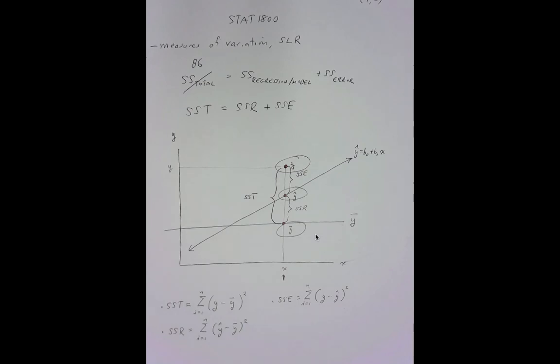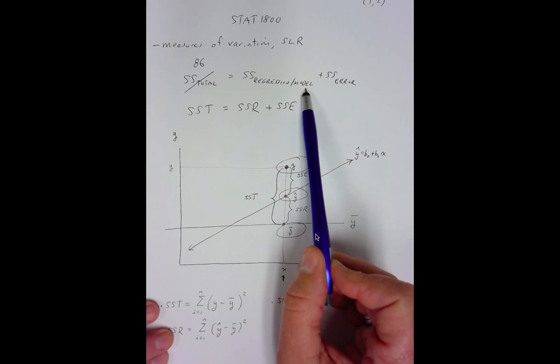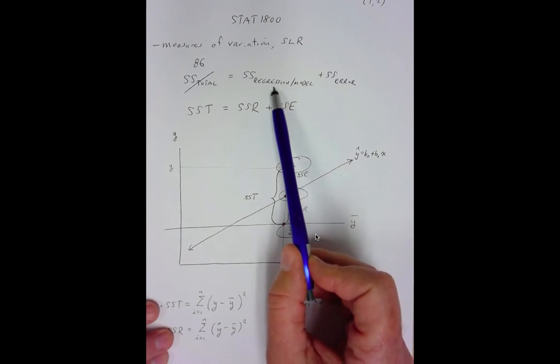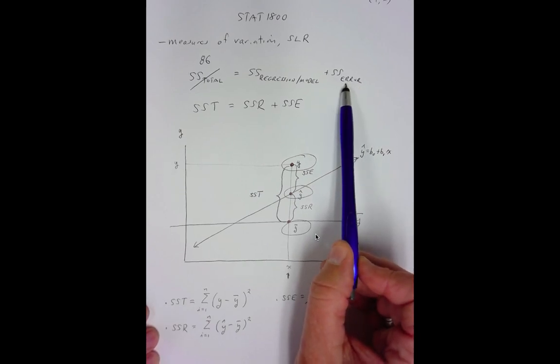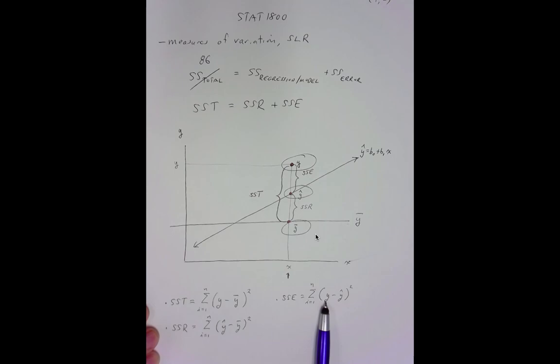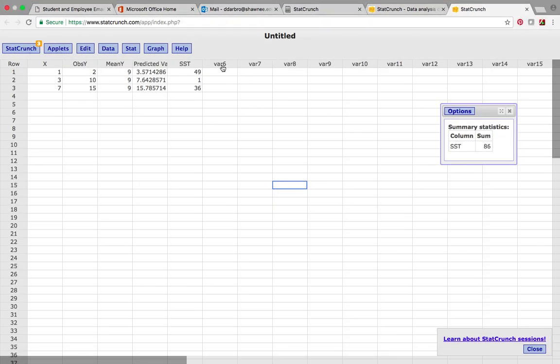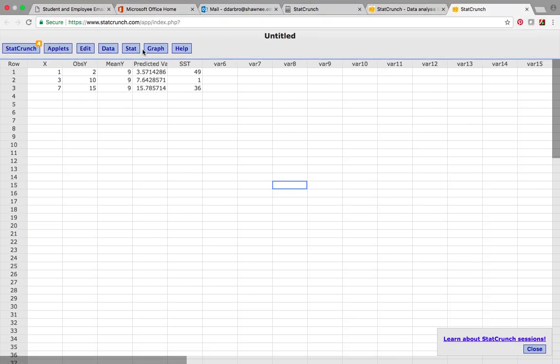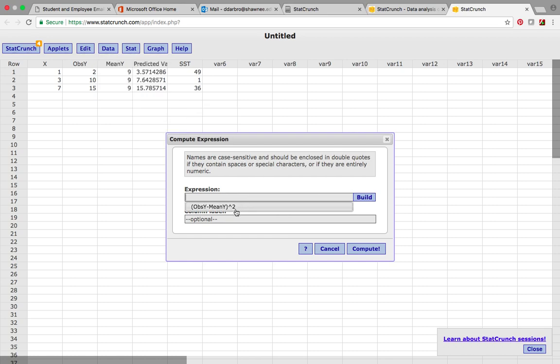Now, which one do we want to do next? Sum of squares regression or sum of squares model? Some call it model, some call it sum of squares regression. Or do we want to do the error? Well, guys, let's just do the error, the sum of squares error. The sum of squares error takes the y value minus the predicted value squared. So let's create that. Compute, expression.